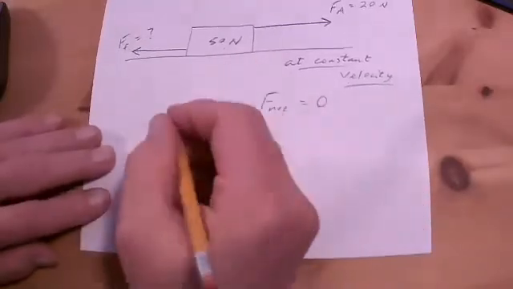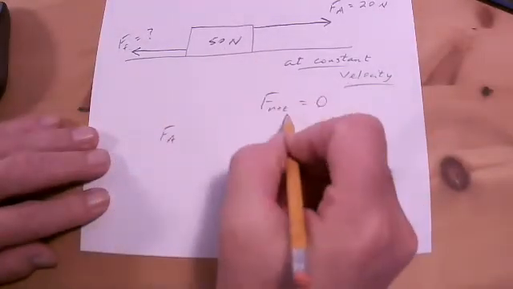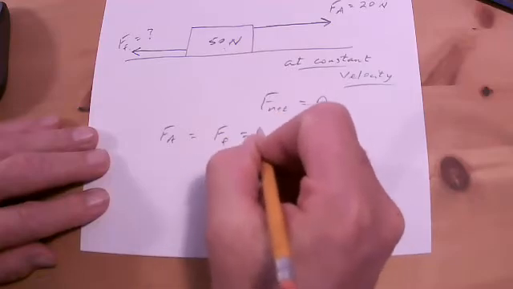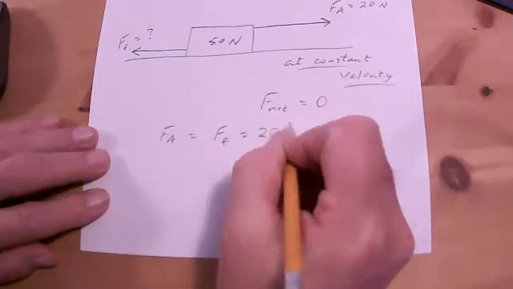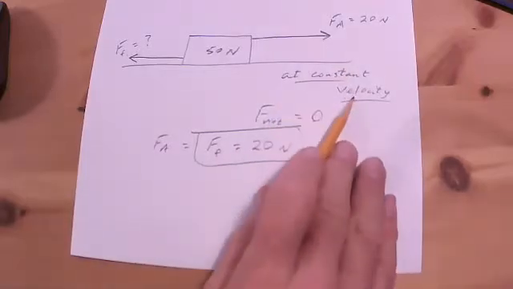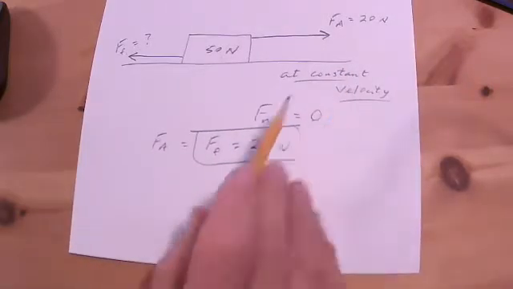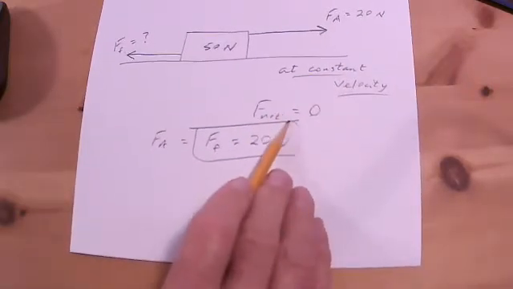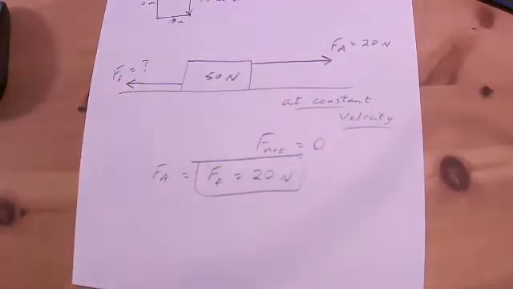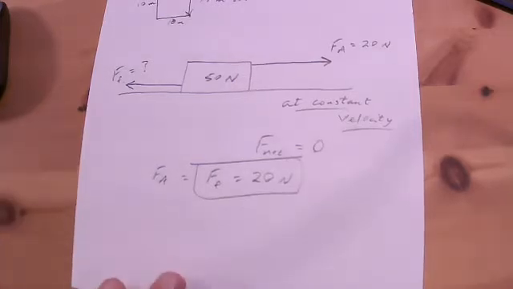So the friction force is 20 newtons. Those key words, at constant velocity, lead me to the net force being 0, which leads me to the forces in the horizontal adding to 0. That's the daily 2 for today.